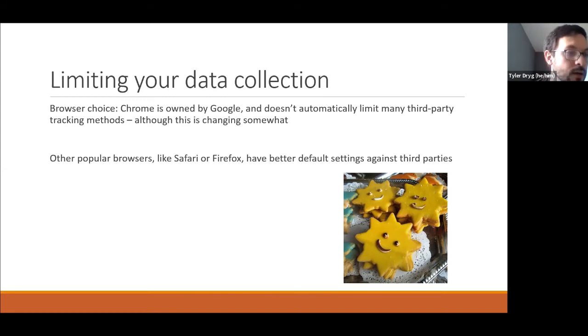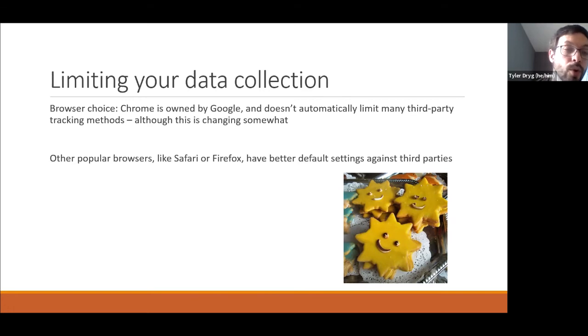Part of that can come down to which browser you use. Chrome is a pretty popular browser that's owned by Google. And so that's part of why they are able to track so much online data, is because a lot of people use their web browser and a lot of people use their search engine.